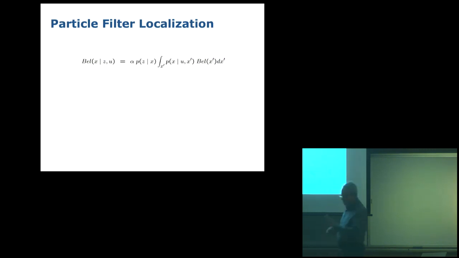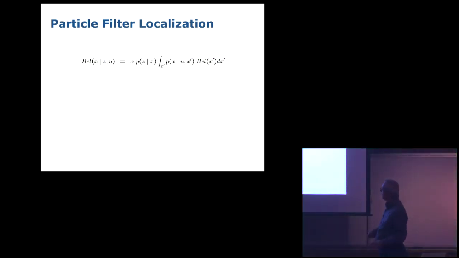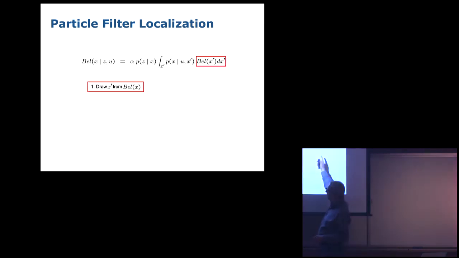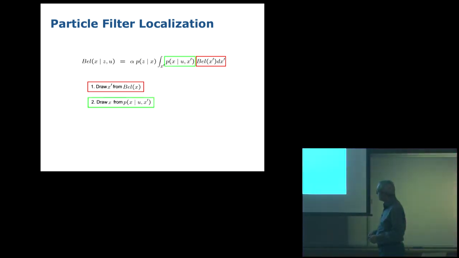So how does particle filter localization work? Basically, we represent our belief by a set of hypotheses. We take one of these hypotheses out of the hypothesis set, one of the particles. We draw it from that set. And then comes this step where we calculate a potentially new place for that particle.